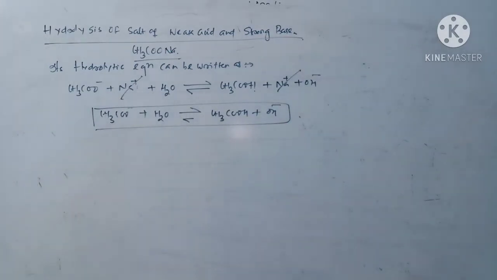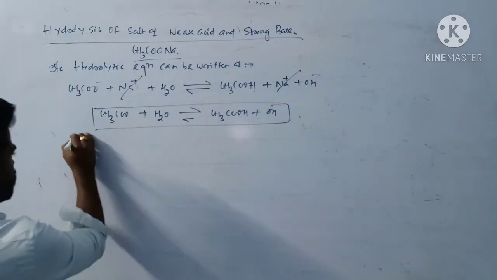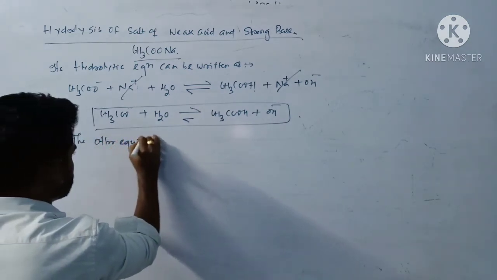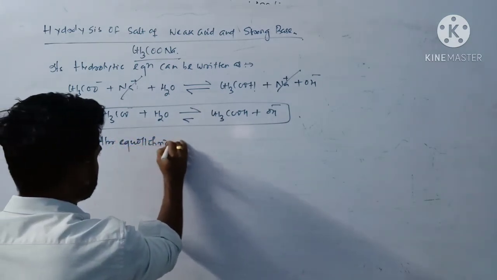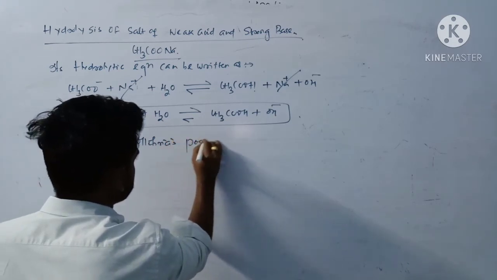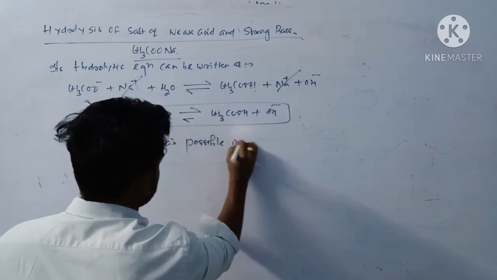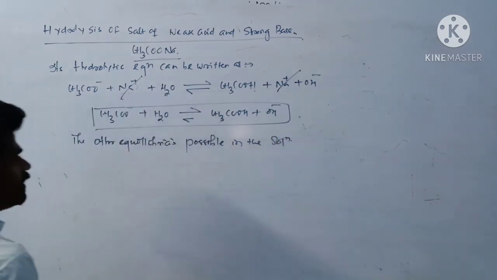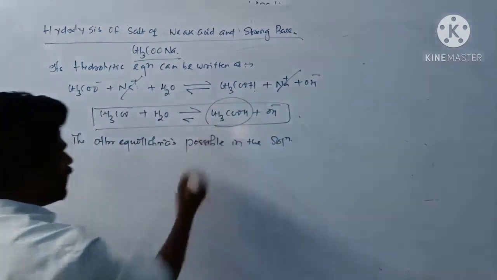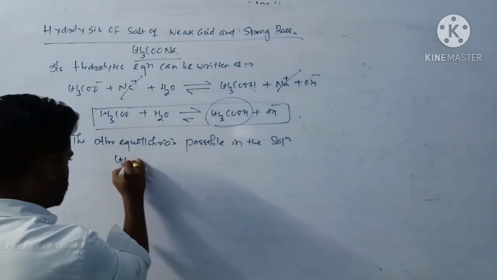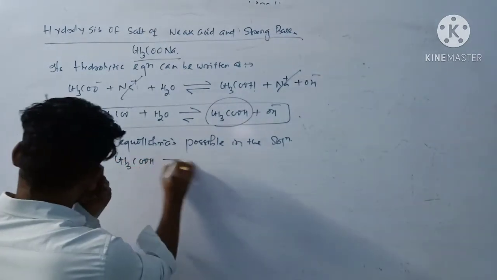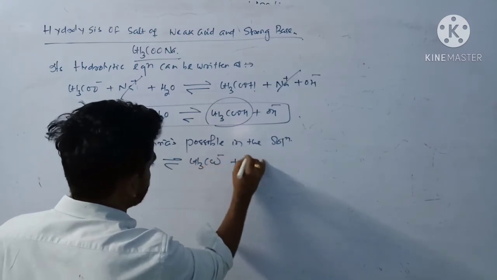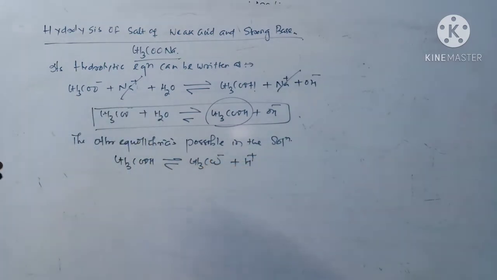Then another equilibrium is possible. The other equilibria possible in the solution: the weak component acetic acid is there, CH3COOH giving CH3COO minus plus H plus. Clear?